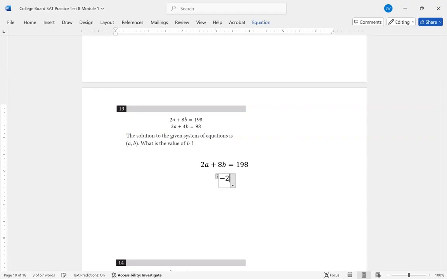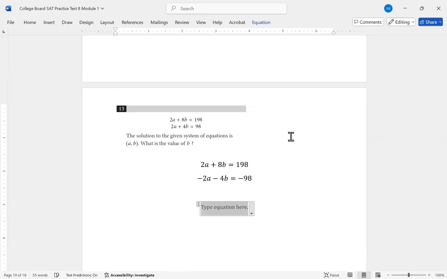That's going to give me negative 2a minus 4b is equal to negative 98. That's what I get when I multiply both sides by negative 1. Now I can add these two up. When I add these two equations, the left side is going to combine to give me 0a plus 4b. So 8b minus 4b is 4b. 2a minus 2a is no a.